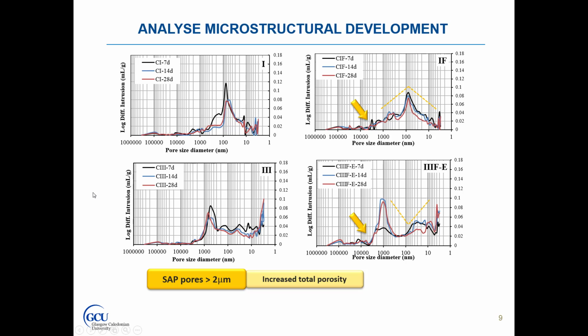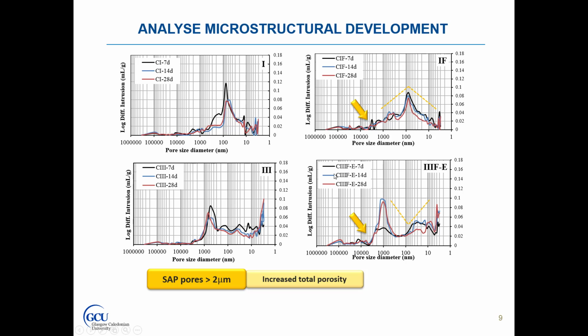Here some examples of the different pore size distributions in the studied fiber reinforced mortars are shown. In the early hydration stage, SAP samples had a similar PSD pattern compared to the SAP-free samples.